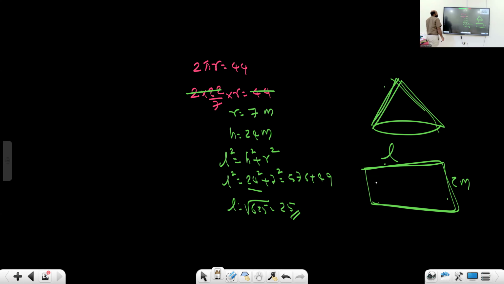You can use capital letter L for the length.